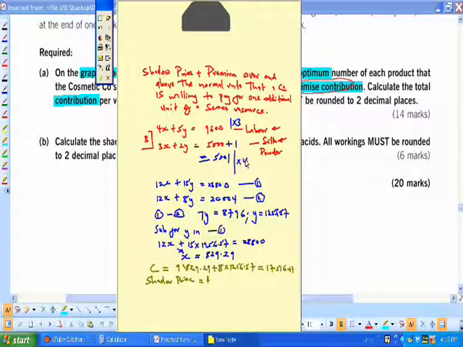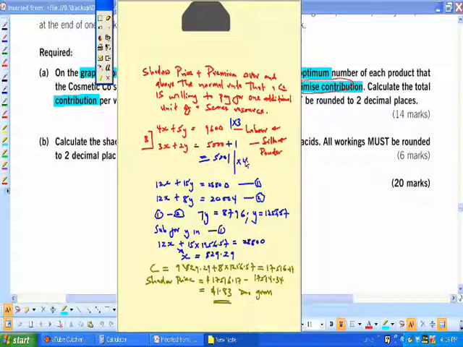So the difference is what they call the shadow price: 17,516.17 minus 17,514.34, which gives you 1.83 per gram. So that is the shadow price.